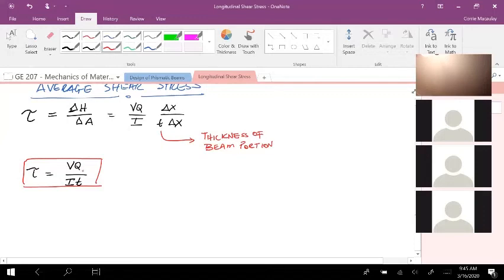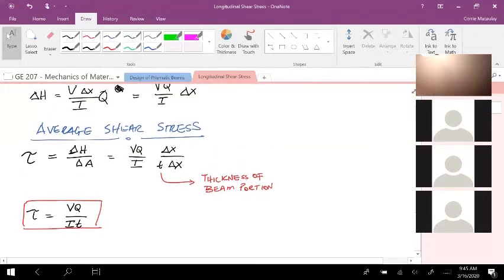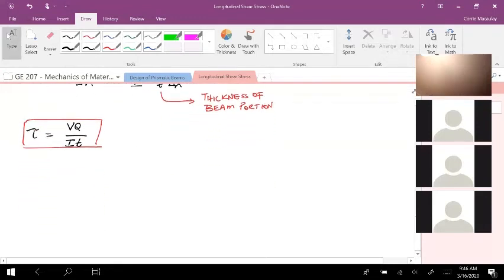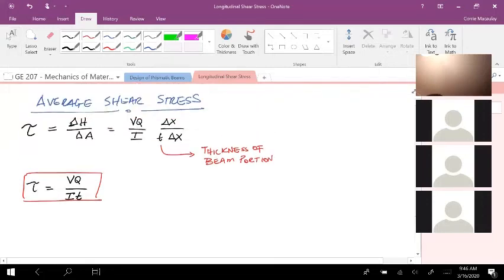We'll talk more about that in a minute, but it's divided by I times T. So we went through that process just to get this equation, shear stress equals VQ over IT. This is a very good equation to know, so make sure you all remember it.